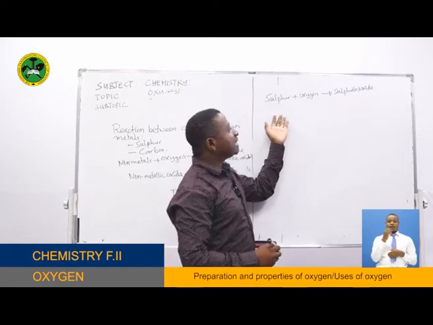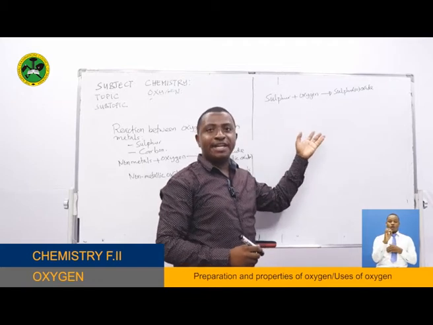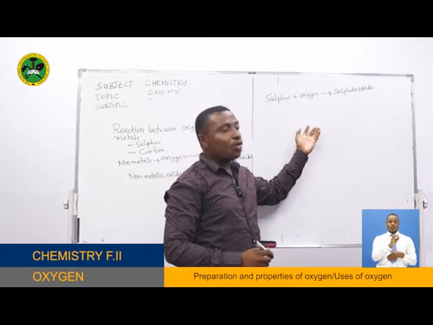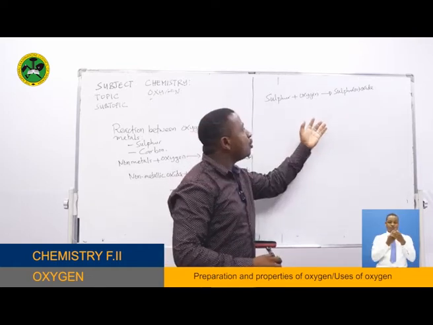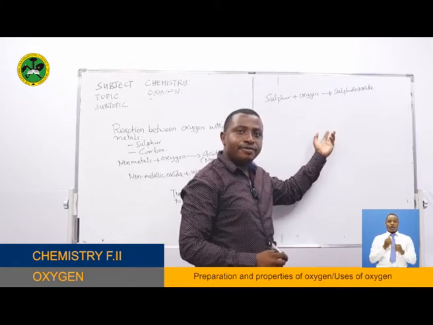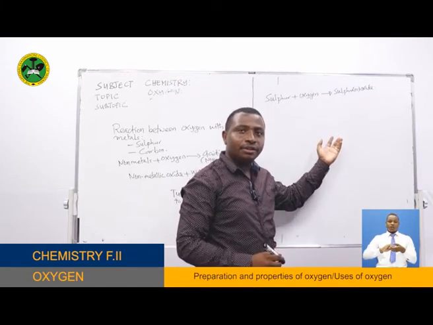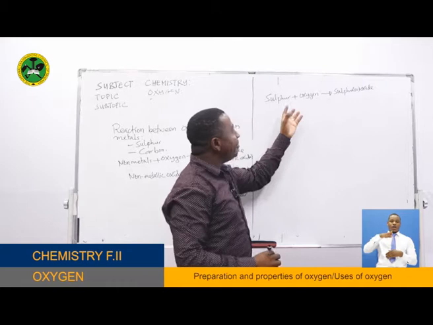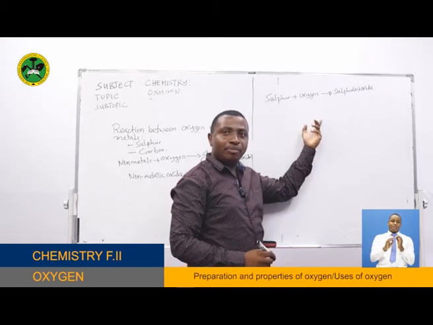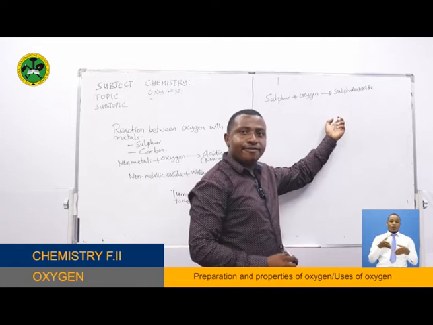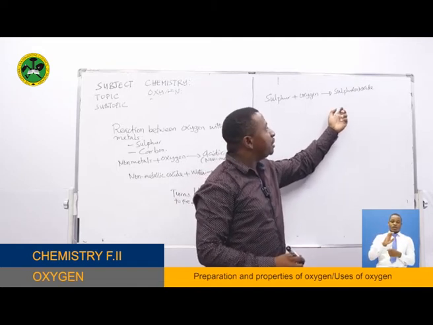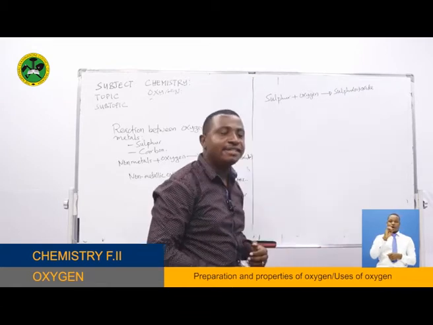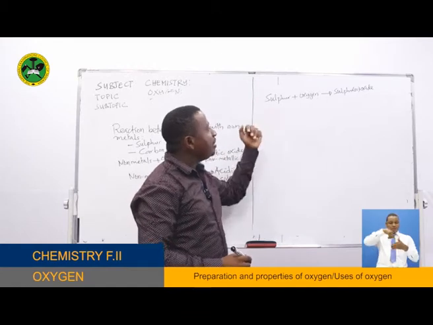But it is said that sulfur burns vigorously in oxygen with a blue flame to produce harmful, irritating, and choking white fumes of sulfur dioxide. That is the concept on this nonmetal with oxygen.